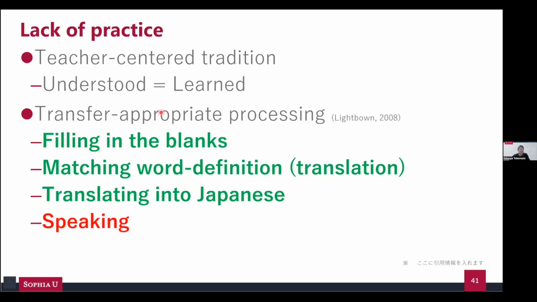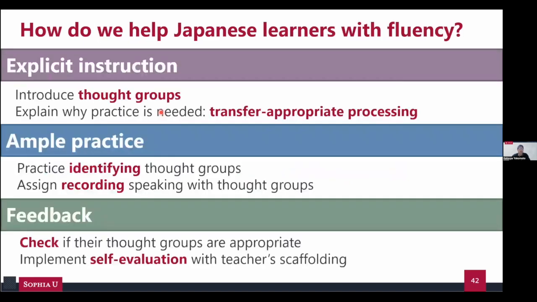Okay, so explicit instruction. I recommend thought groups. Please introduce thought groups so that they know how to put words together to pronounce. That includes fluency, and this is important. They understand transfer appropriate processing: what they did is exam-based practice.